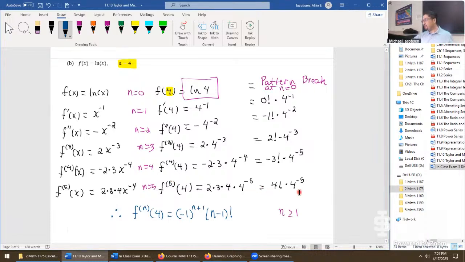The final thing is that, well, there's a 4 to the order of the derivative. That one wasn't too hard to spot. Go 4 power negative n, because just like we have the 5th order derivative, we got 4 power negative 5. So this is the pattern for the derivative evaluations at the center. We get this expression, but it's only valid on indexes greater than or equal to 1.